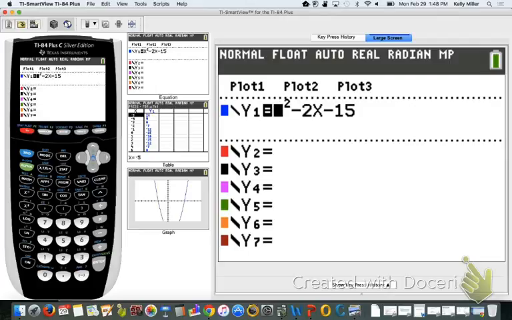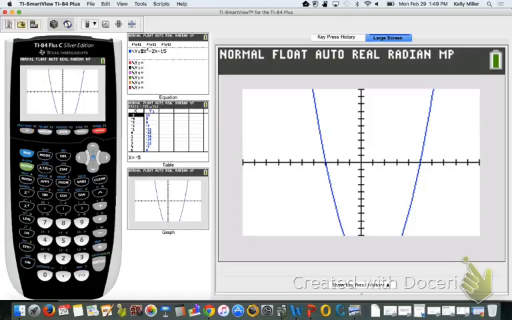Does yours look exactly like mine? Do you have a stat plot on? What does the error say? Oh, I know what it is. It's the thing in front of it. I didn't even notice that.